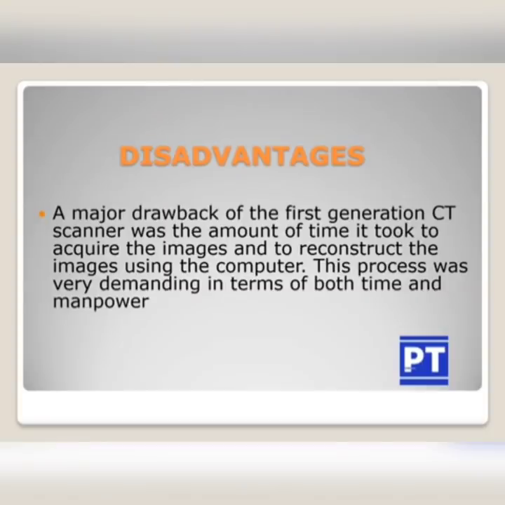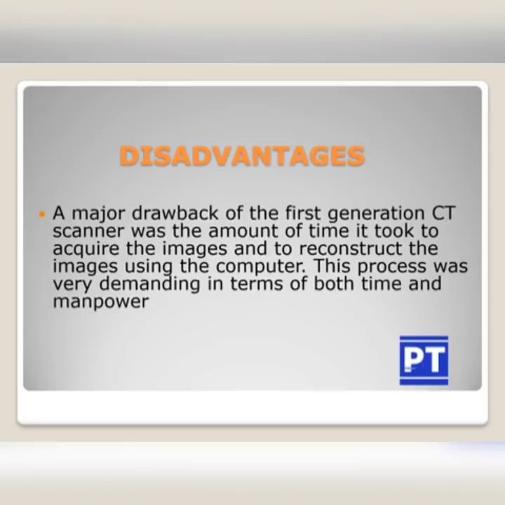The major disadvantage of the first generation CT was time. Time was the main disadvantage, since it was only meant for the brain, and for a single patient or a single scan it takes about 25 to 30 minutes.